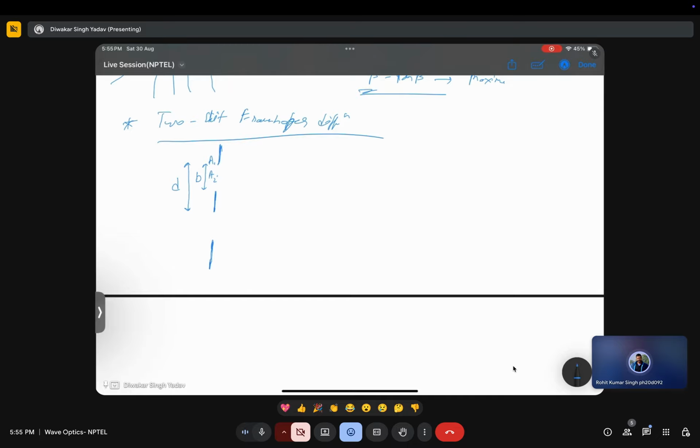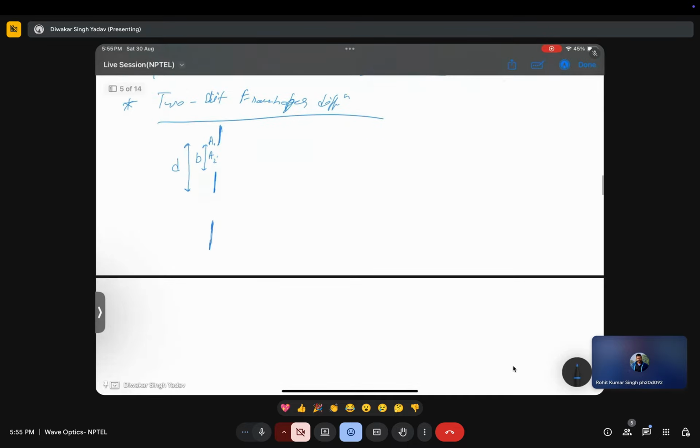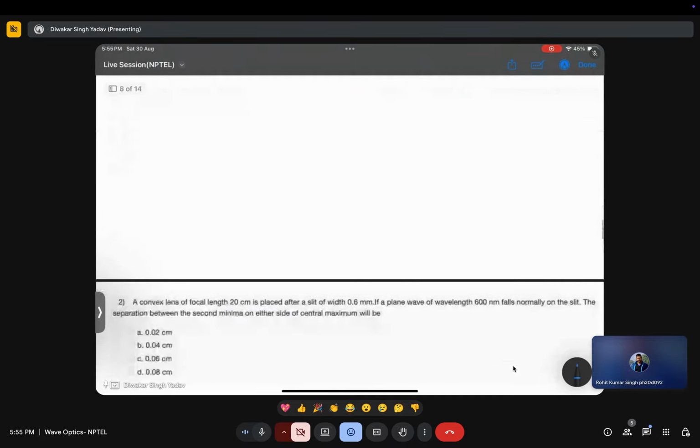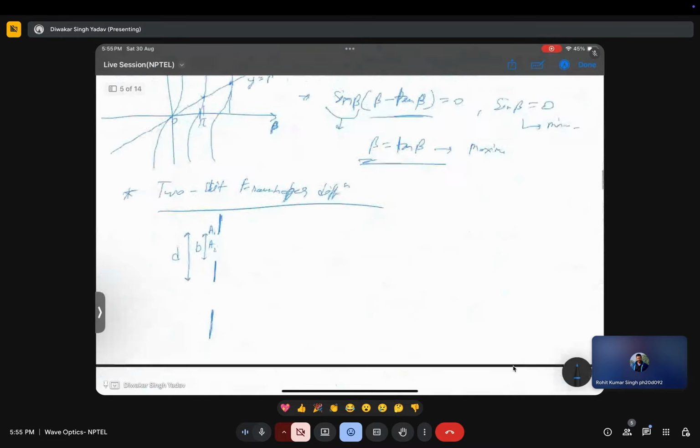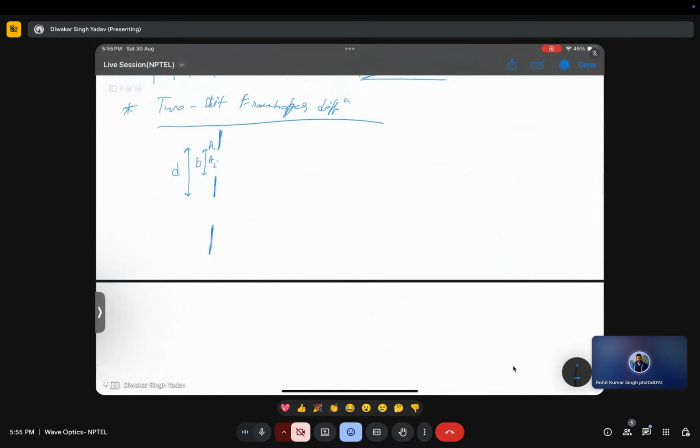Let's name the divisions on the above slit as a1, a2, and in the below slit let's call them b1, b2. Okay, so you have the lens here. Like earlier, these will have some path length difference.